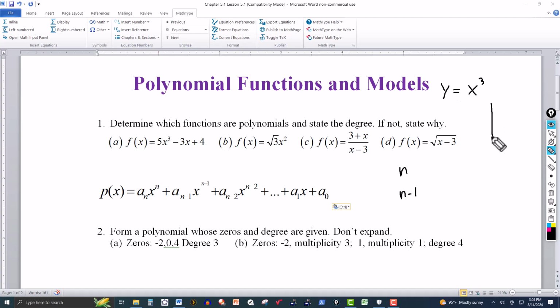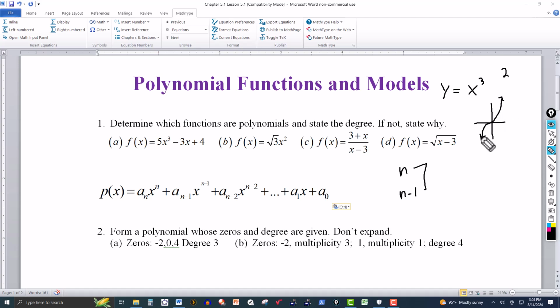Well, if I were to sketch the graph of this by just plugging in points, I get a graph that looks something like this. I get a similar graph if this were a 5, an odd. So this one has degree 3. So based on what I just said, you would expect this graph to have at most 3 minus 1, looking at this right here, turning points.